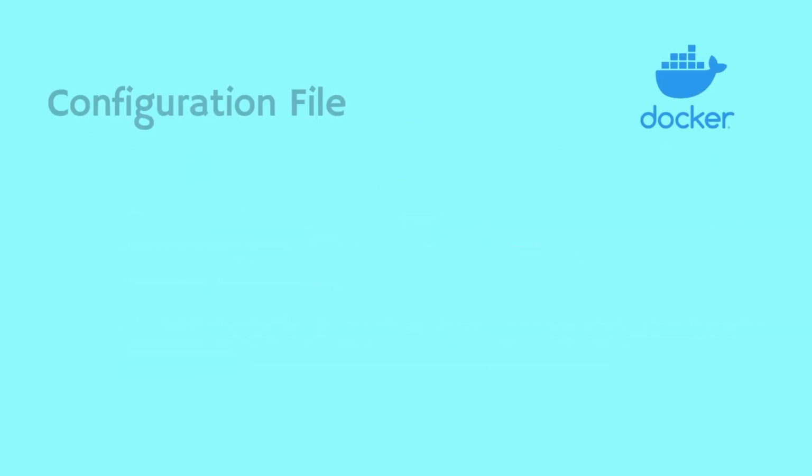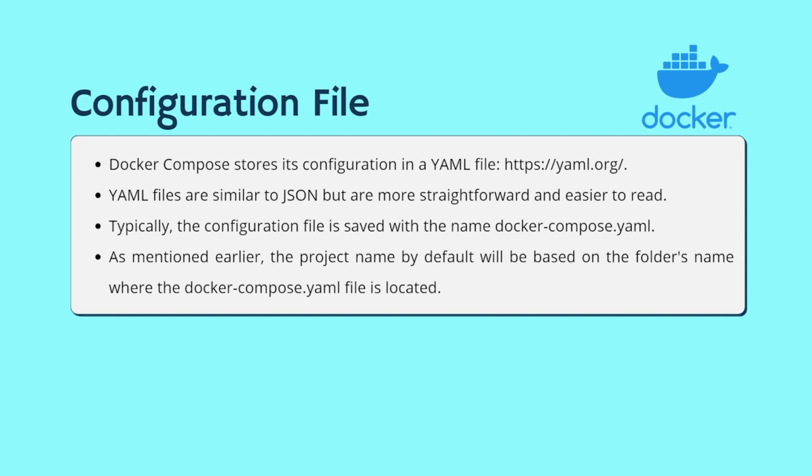Configuration files. Docker Compose stores its configuration in a YAML file, see yaml.org. YAML files are similar to JSON, but are more straightforward and easier to read. Typically, the configuration file is saved with the name docker-compose.yaml. As mentioned earlier, the project name by default will be based on the name of the folder where the docker-compose.yaml file is located.